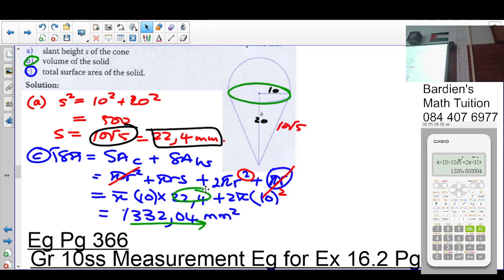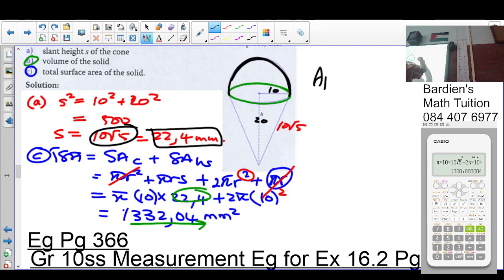Why are we including the radius without calculating? Because when we're calculating the area of this part, remember the area of a hemisphere is going to be 3 pi r squared.